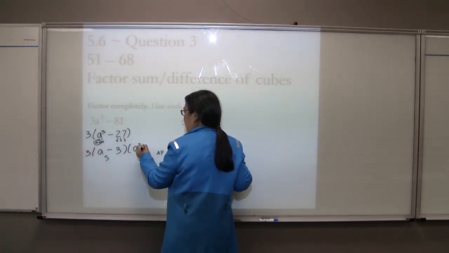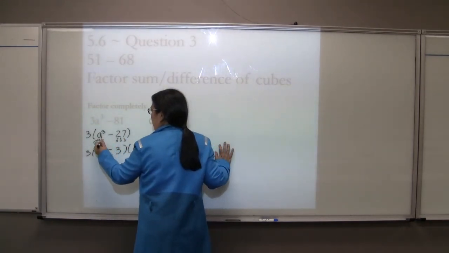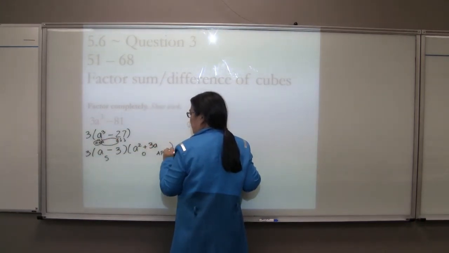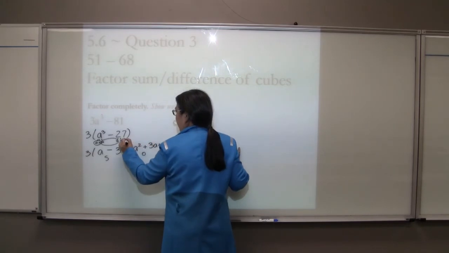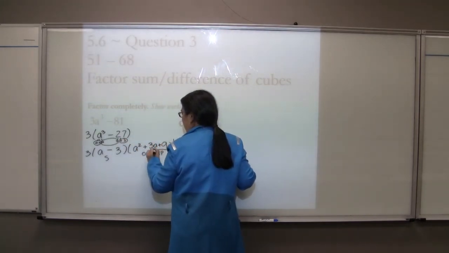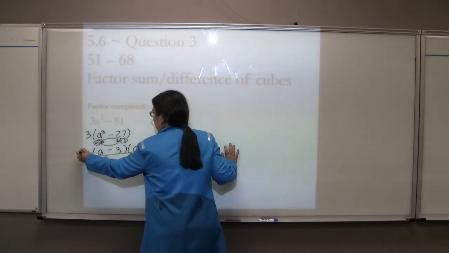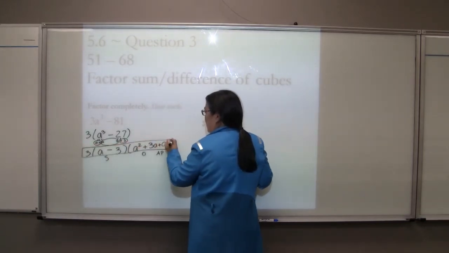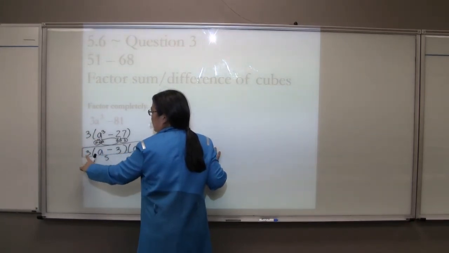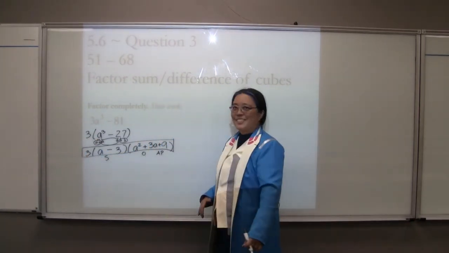The opposite sign, the middle term is a times 3, which is 3a, number first, variable second, always positive, and then the last term is 3 times 3, which is 9. Make sure that this coefficient here, the greatest common factor, comes down to your answer.